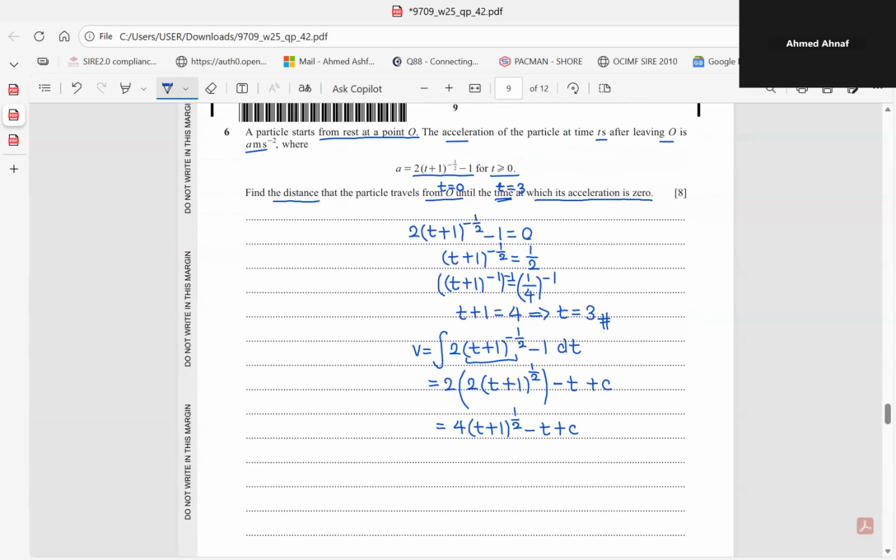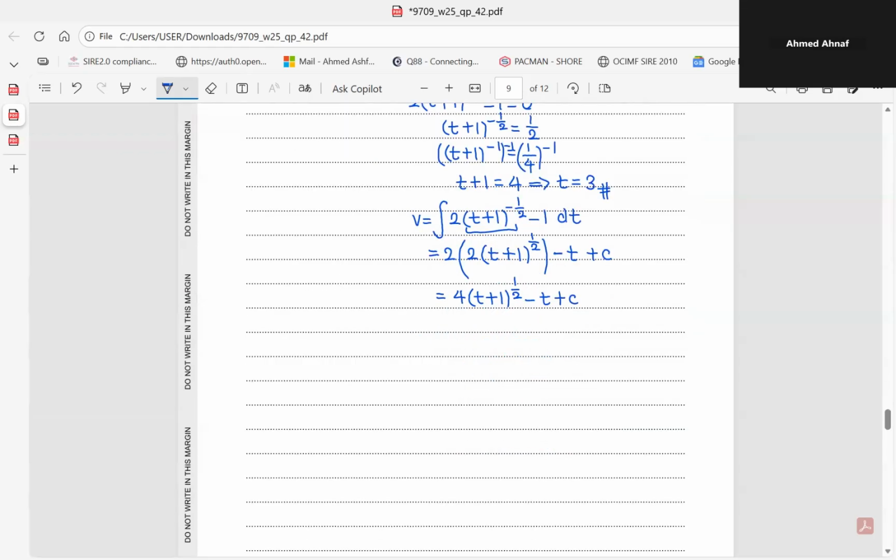Okay, so it says it starts from rest, so that means v equals 0 at point O. So v equals 0 when t equals 0. Okay, so 4 times 1 minus 0 plus c equals 0.